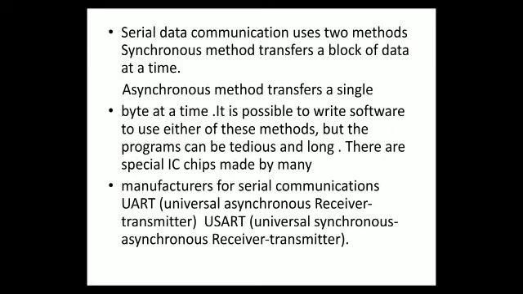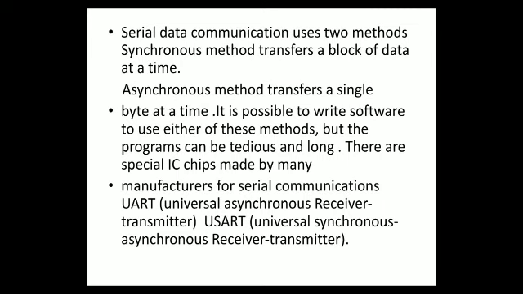So let us understand a few more examples on this. Serial data communication uses two important methods for data transfer. So first of all, we have understood that communication has two types, namely serial and parallel. In serial data communication, we have two methods for data transfer, called the synchronous method of transfer and the asynchronous method of transfer. Now, what do we mean by this?